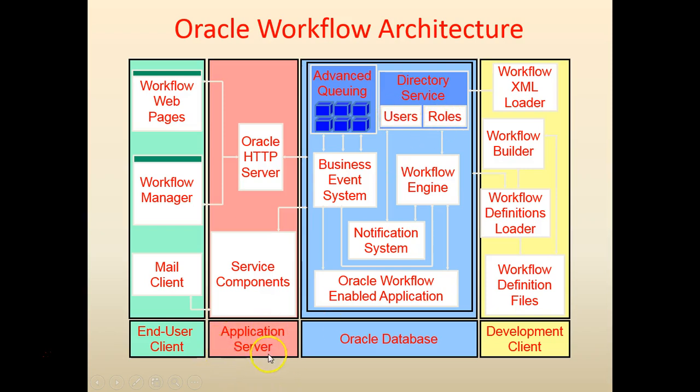The next component is the application server, where you have the service component and the Oracle HTTP server. And finally, you have the end user client, which is the email or the workflow manager, workflow web pages. I'm not going to get into details of these individual components. I just want you to know that workflow has four different components at this point.